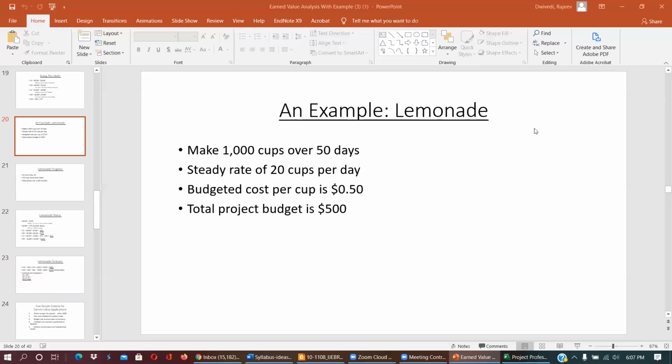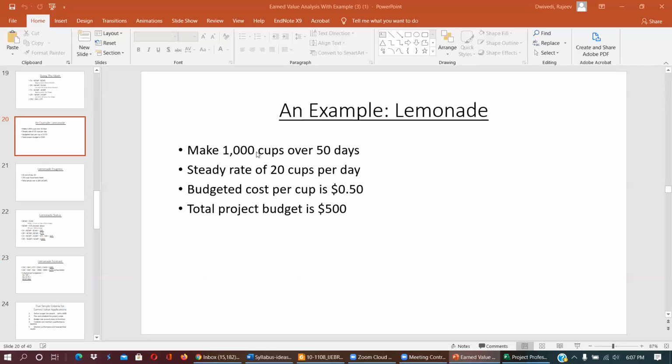This is a project: lemonade, make 1,000 cups over 50 days. This is our planning. 1,000 cups over 50 days means 20 cups per day. We have 50 days, we have to make 1,000, so we have to make 20 cups every day. The budget for each cup is 50 cents. Total project budget is 1,000 multiplied by 50 cents, which is $500.